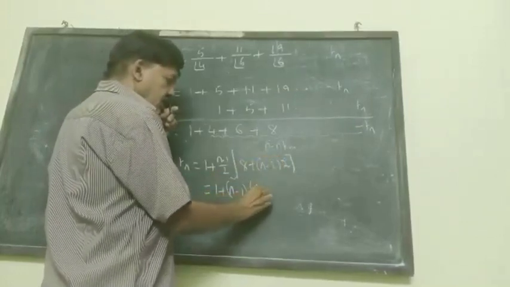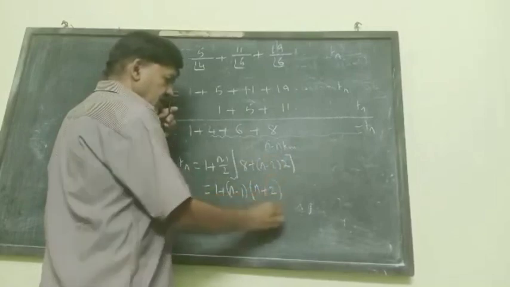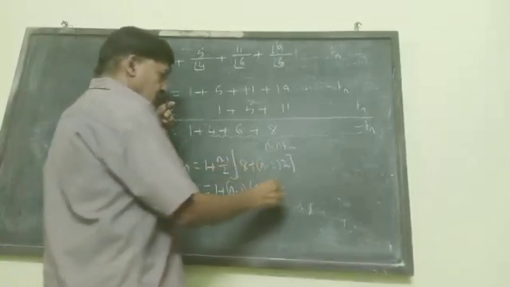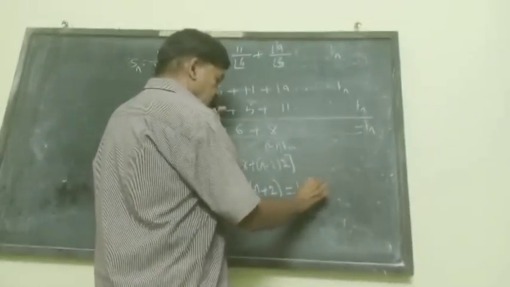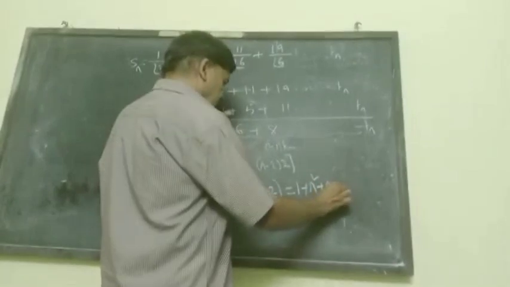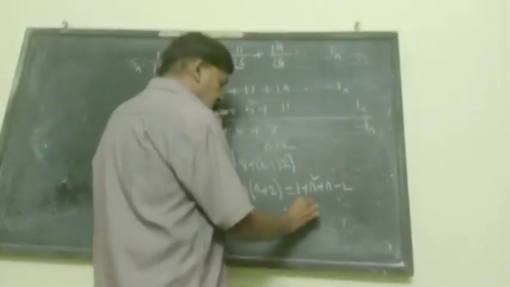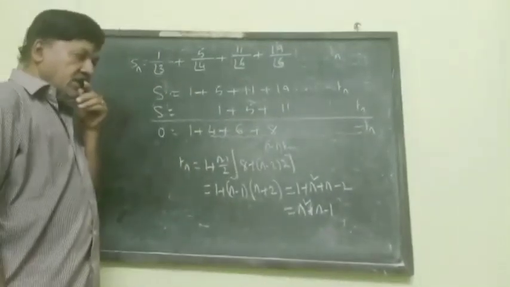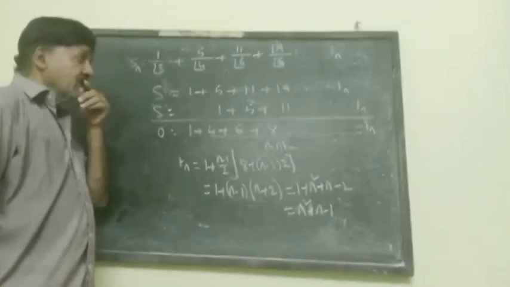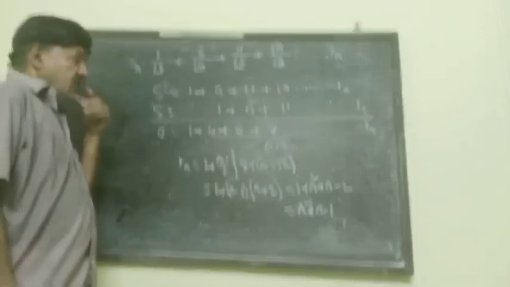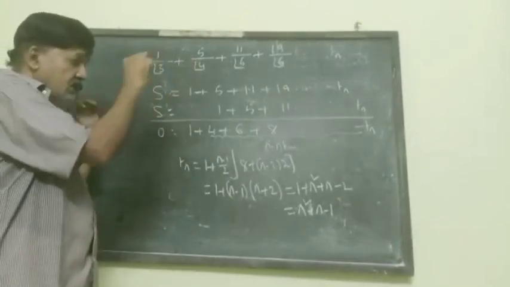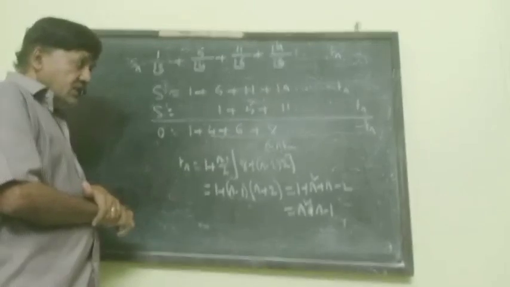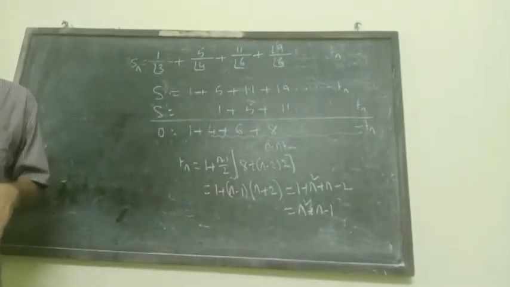You will get 1 plus 4 plus n minus 2, which is nothing but 1 plus n square plus n minus 2. So this is n square plus n minus 1. So the nth term of the numerator happens to be n square plus n minus 1. Understood?